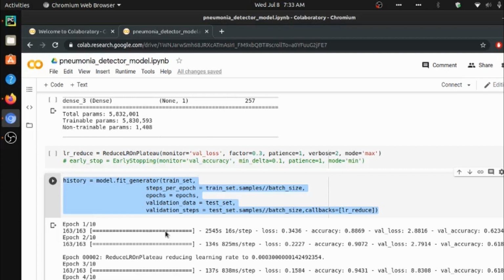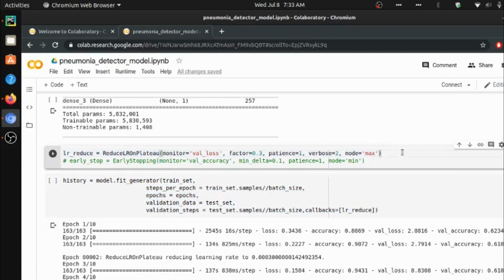In the training of our model, we also use various callbacks such as LR underscore reduce. When the learning rate is too high, the graph that we get for the loss becomes very uneven, like a mountain.